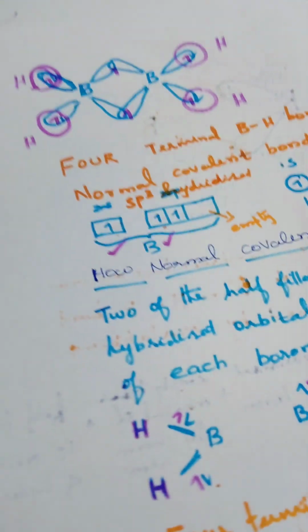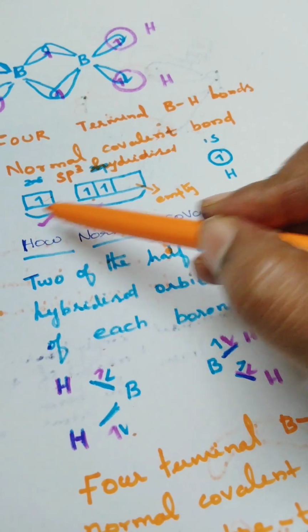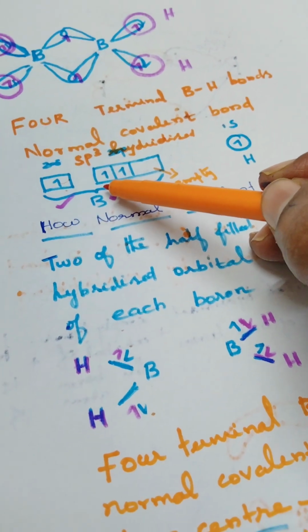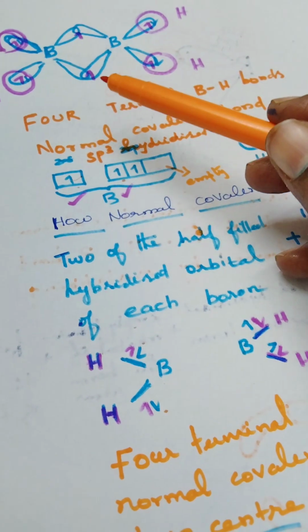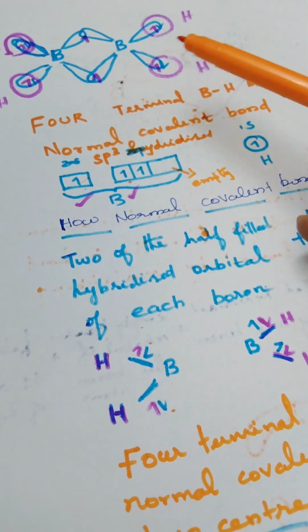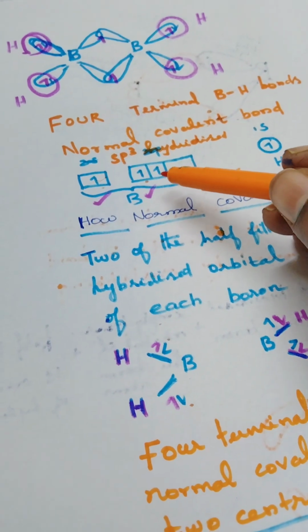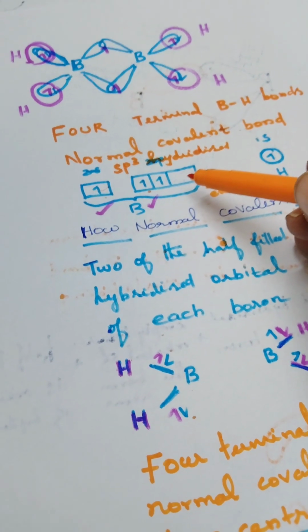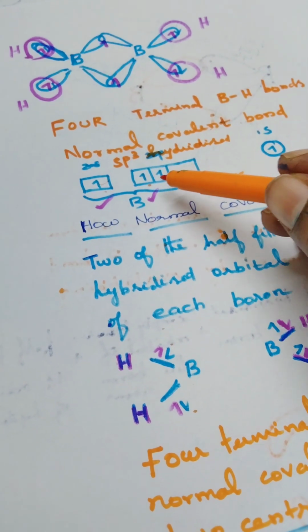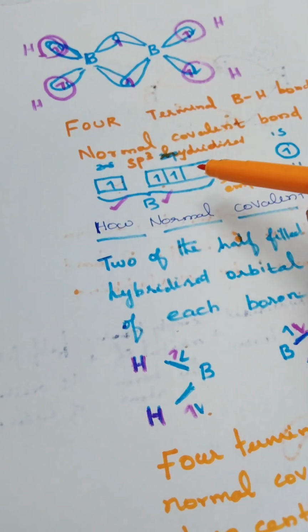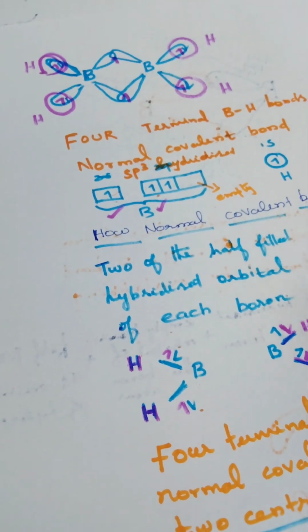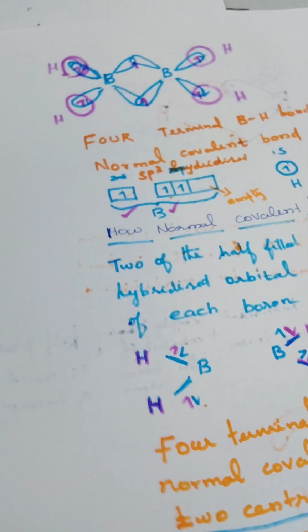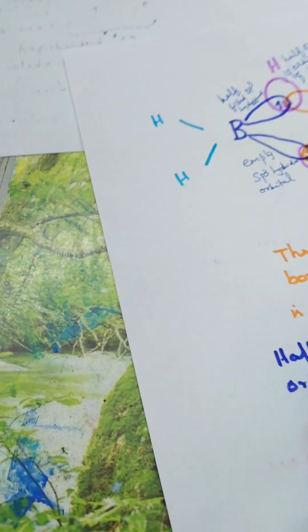Students, see, these two sp3 hybridized orbitals are involved in the bond formation with terminal hydrogen atoms. What are the remaining ones? This one, a half-filled sp3 hybrid orbital, and an empty sp3 hybridized orbital. These two are involved in the bridge formation, not the terminal BH bond.